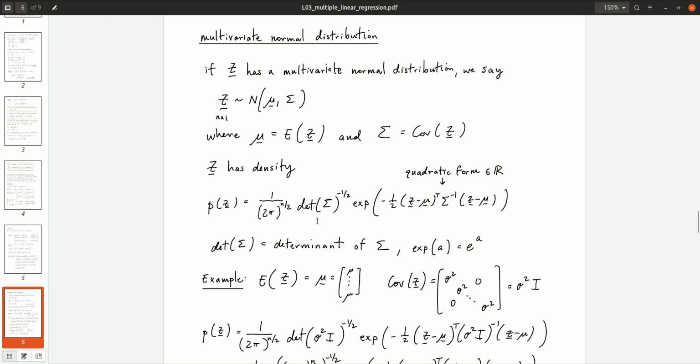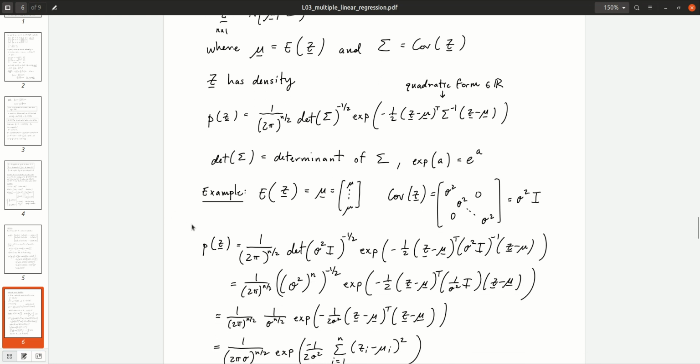Now, we haven't talked about determinants yet, but you've probably seen the formula for the determinant of a 2 by 2 matrix. A determinant is just a property of a matrix, and it's a scalar. We'll show you some examples of how to compute determinants for simple matrices, but for now, take it as just a number associated with a matrix.